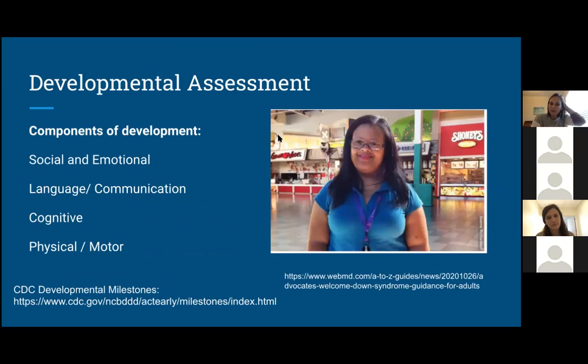Alrighty, so then just to help with getting to know patients, we wanted to talk a little bit about developmental assessment that can help us get to know what are the capabilities of our patients, and what can we expect them to communicate with us or not be able to communicate with us.